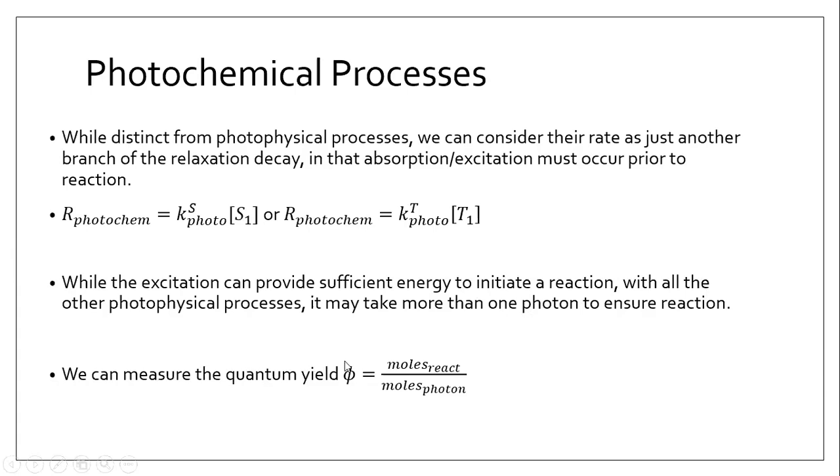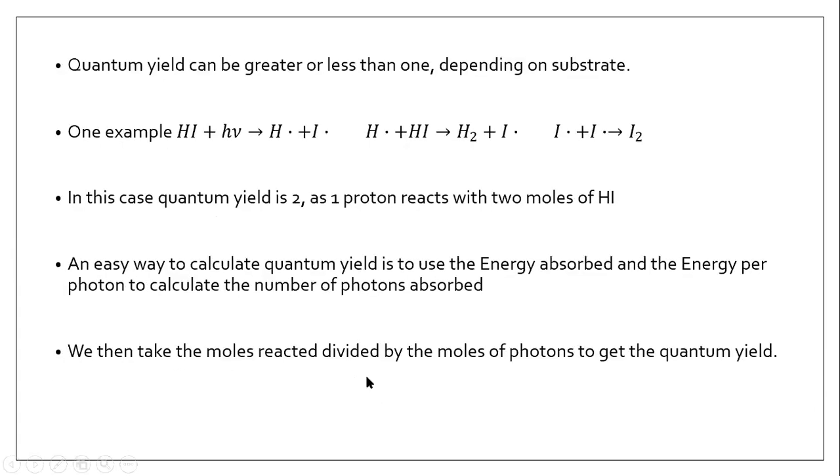So we can actually measure the quantum yield of moles reactant per moles of photon. So how many moles do we need to react? Quantum yield can be greater or less than 1 depending on the substrate. For example, when we excite HI with light, we form an H radical and an I radical. The H radical can go on to keep reacting, but we could also terminate with 2 I radicals bumping into each other to form I2.